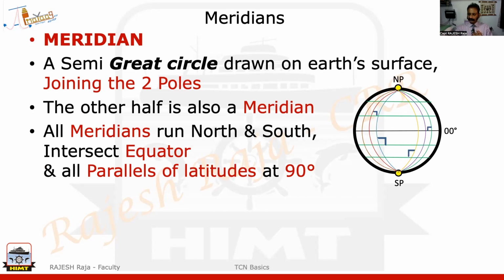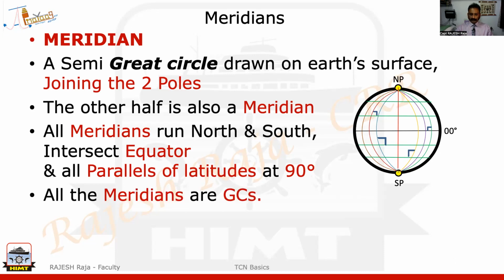You can imagine that you can just turn it and keep it right in front of your eyes. You will see it looks like a straight line. Now this is also one more meridian, so it'll be straight. Now you can keep turning it, and each color can become straight for you as far as your eyes are matching it. Okay. Your recap: all your meridians are GCs, basically half of GCs.